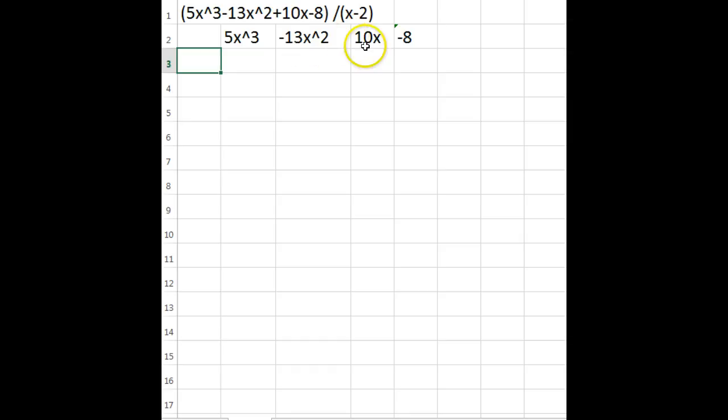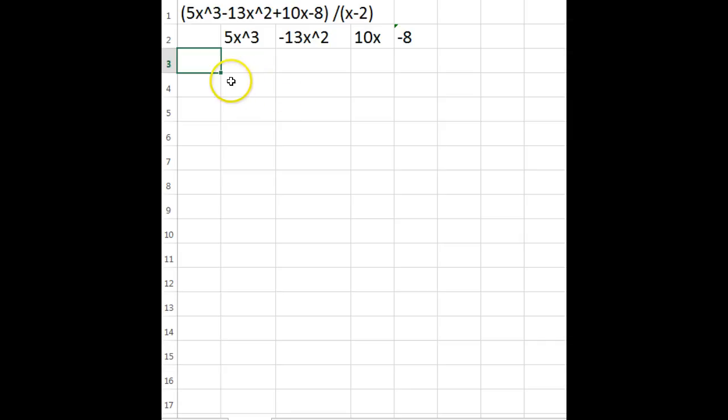In cell D2, I put our third term, plus 10x. And in cell E2, I put negative 8. So we have all four terms in individual cells.